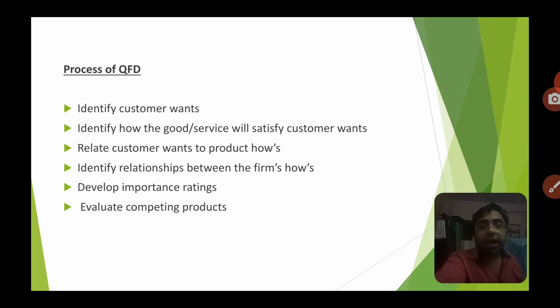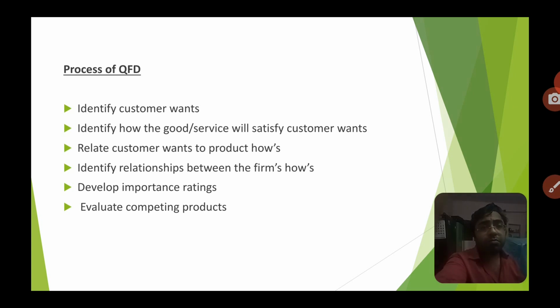And then identify the relationship between the firms, the firm's house. If we are going to purchase some product, you know that a product is built with many small components, and these components are made by some other companies.